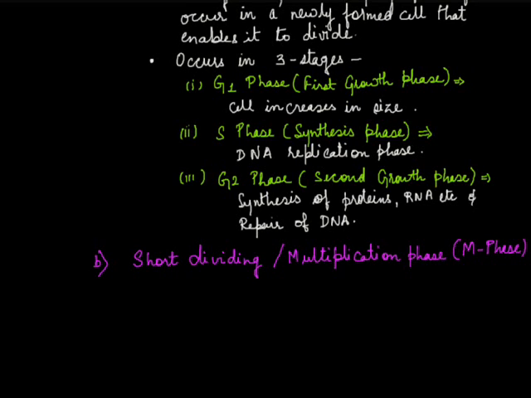So firstly we should write that during the M phase the cell divides. So during interphase the cell prepares for division, and during the M phase the cell actually divides.